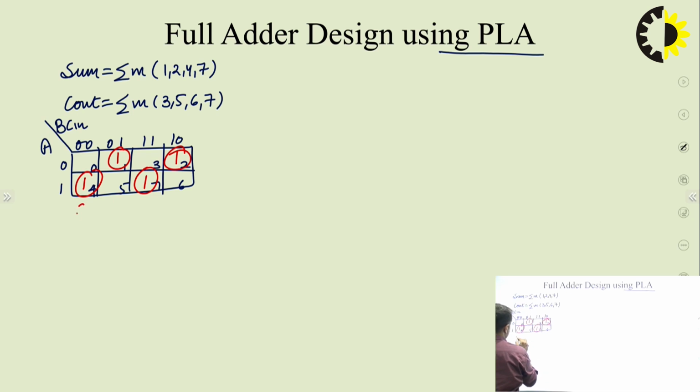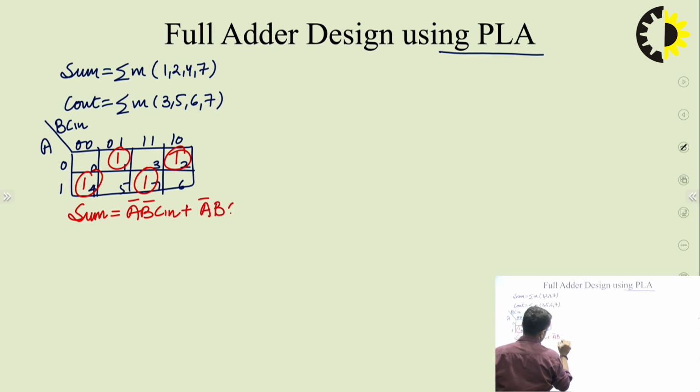So we can write sum as A bar, B bar, C in plus A bar, B, C in bar corresponding to 2. Then 4 is A, B bar, C in bar corresponding to 4, which is 1, 0, 0, and then 7 will be A, B, C in.